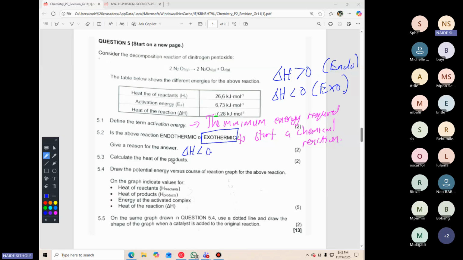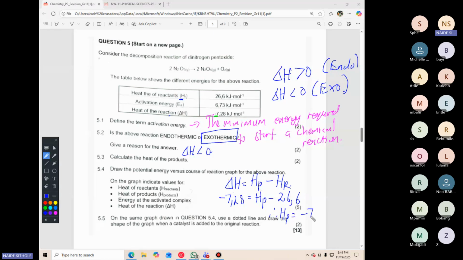Calculate the heat of the product. We are given the heat of the reactants and the enthalpy change. We know that enthalpy change is heat of products minus heat of reactants. So enthalpy is negative 7.28. Heat of products is what we want, but we are given heat of reactants, 26.6. So how do we get the heat of the product?